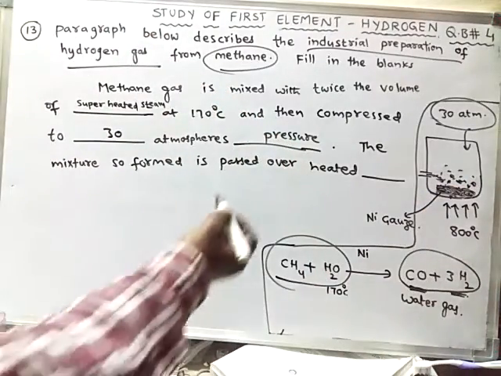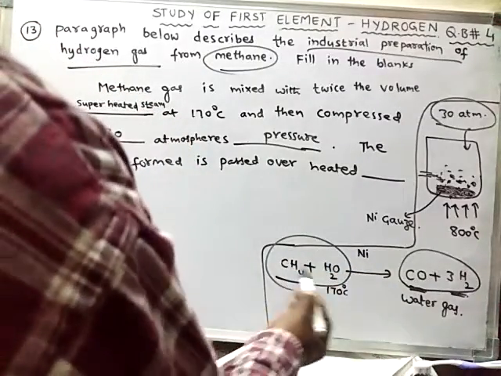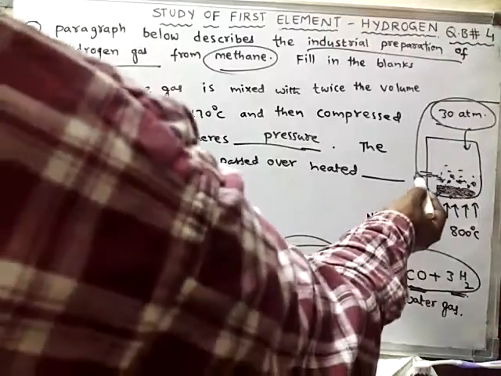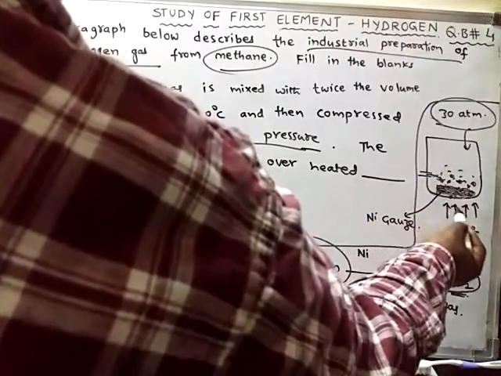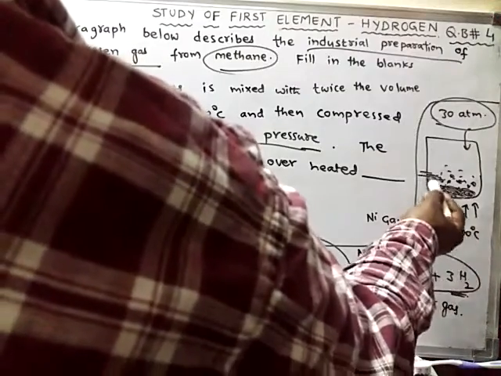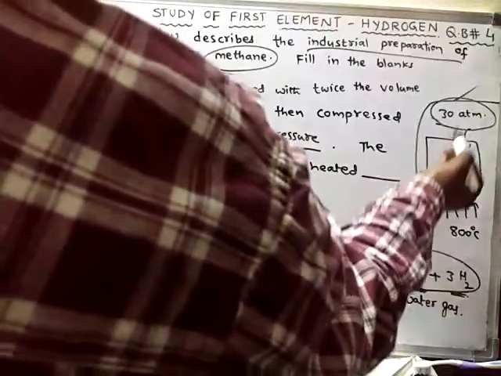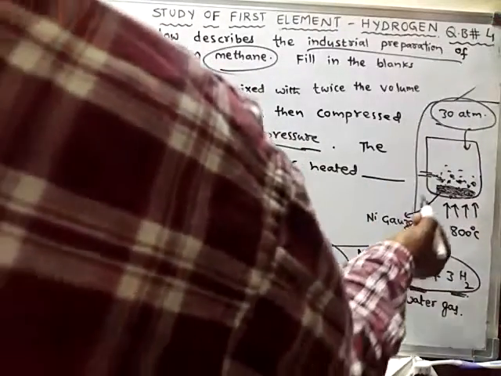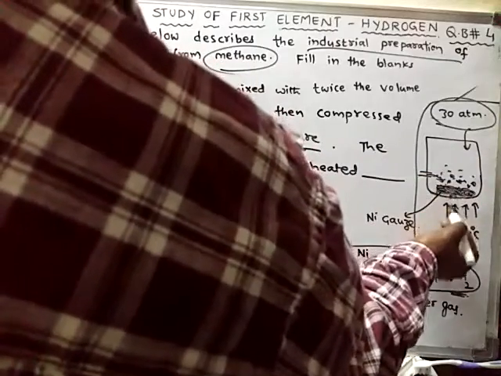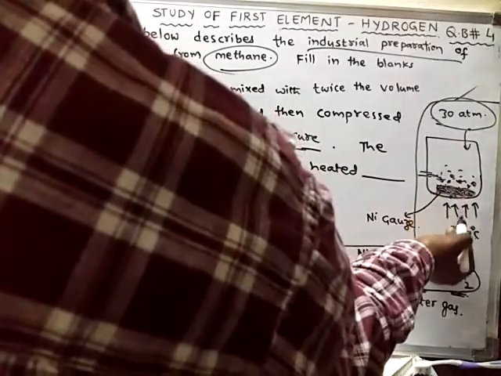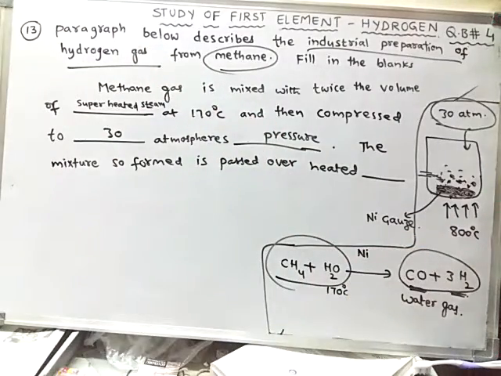So initially this mixture is prepared outside, and that mixture is initially compressed before sending into this one. That compressed mixture will be sent into the container which is having nickel gas, which is maintained at 800 degrees centigrade.